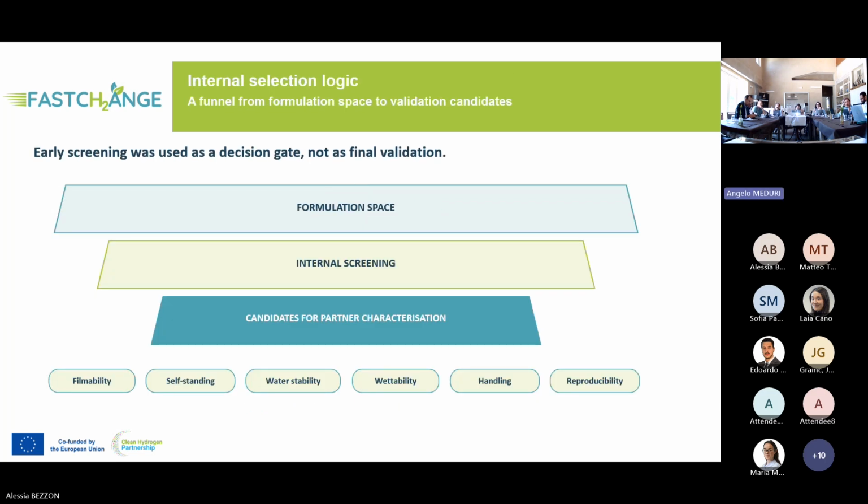So the logic behind our development is divided into 3 major steps: the design of the formulation, an internal screening to evaluate the characteristics of the product that we are developing, and the selection of the more promising candidates for the functional characterization.